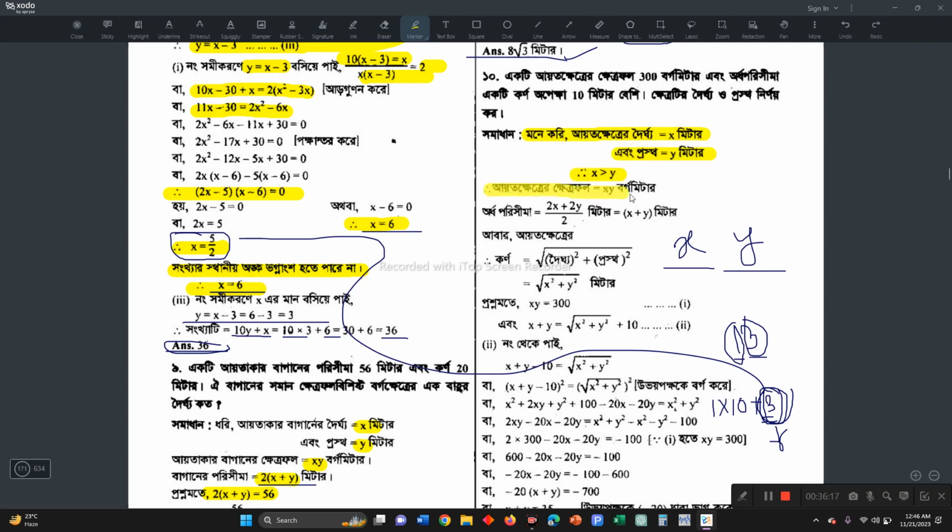So the area of the rectangle will be xy, and the perimeter will be 2 into (x plus y).